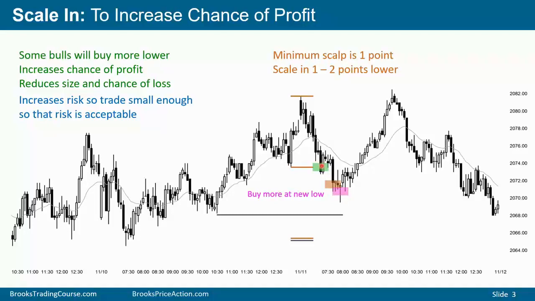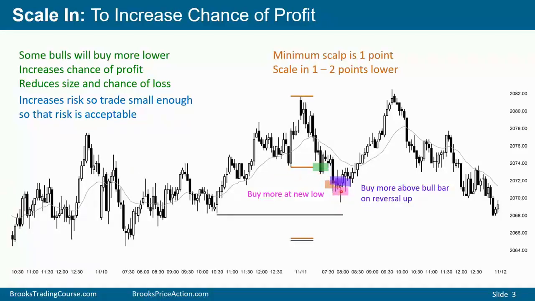In the E-mini, the minimum scalp is 1 point, and therefore, if you do not take the second entry 1 point down from the first, and instead you look to buy at a prior low, you make sure that the second entry is at least the size of a scalp below the first entry. An alternative is you can buy a reversal up above a bull bar.